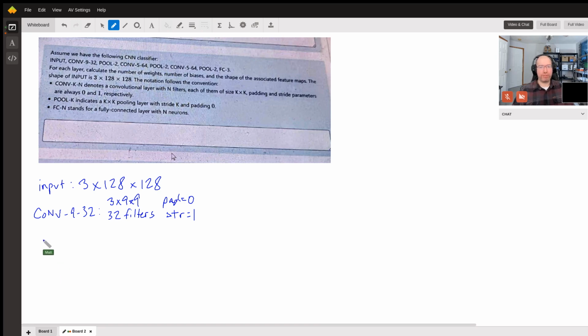Okay, and then we have a pool 2. I guess they don't really care whether that's max pooling, min pooling, average pooling, whatever.